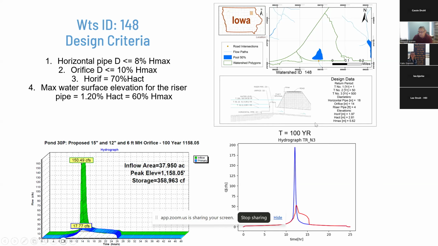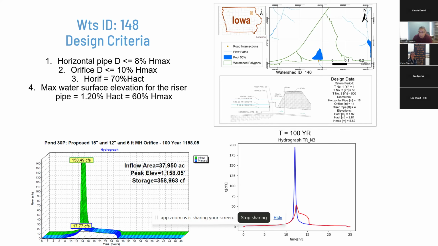This one is, I think, located in Otter Creek in northeast Iowa. And here on the right-hand side, you see the hydrographs that represent the flow values associated with an existing culvert, which is the blue line, versus the red line associated with the hydrograph with the on-road structure in place.